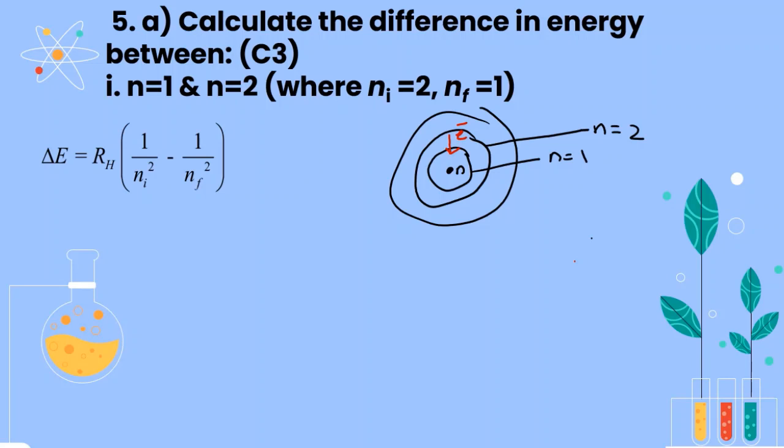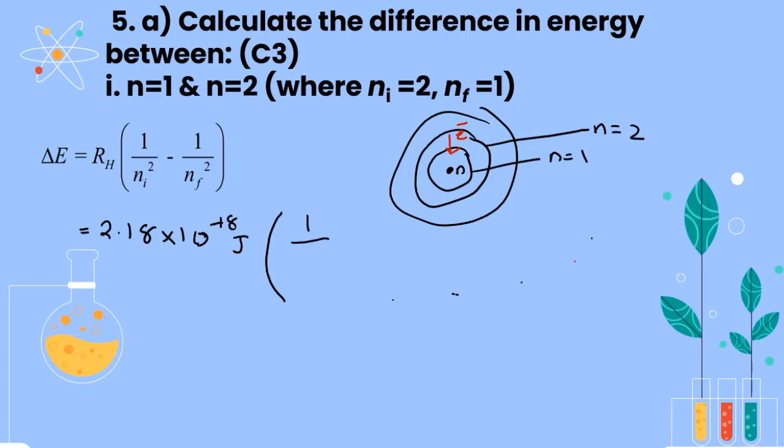So using this formula, delta E equals, remember, the value of RH, the Rydberg constant, is 2.18 times 10 to the power of negative 18 joule. Never leave out the unit, okay? In bracket, 1 over n initial.